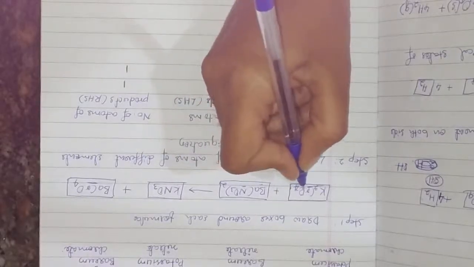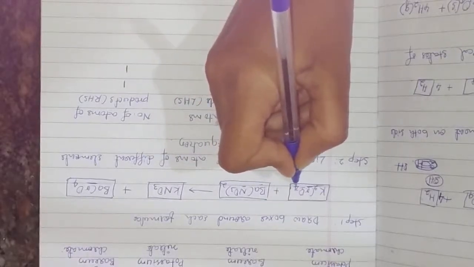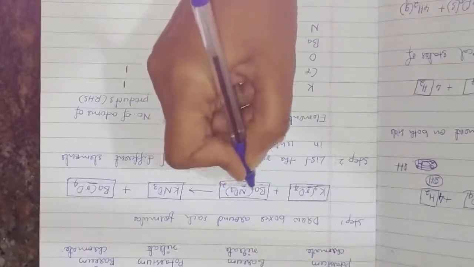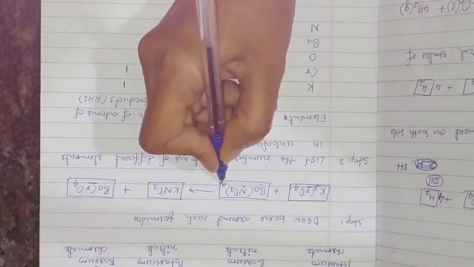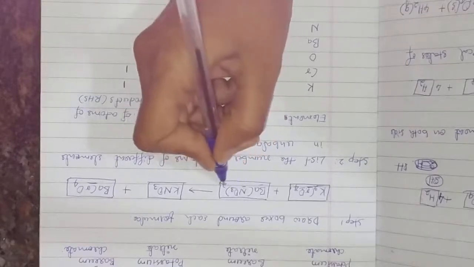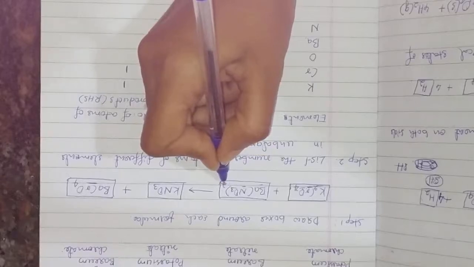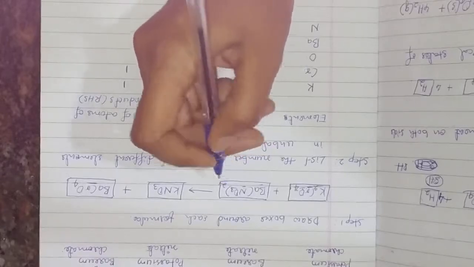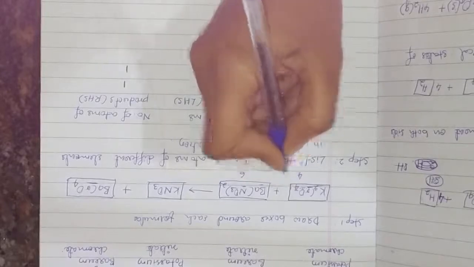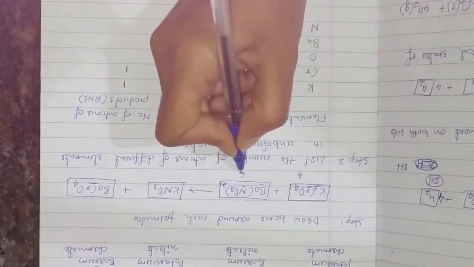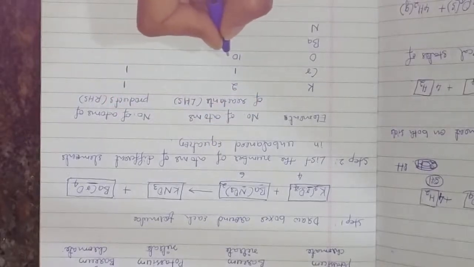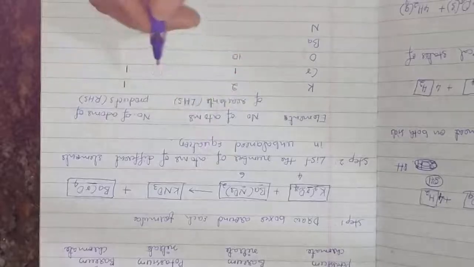Here 4 oxygen atoms, and here 3 with the whole bracket 2, therefore 3 into 2 is 6. 6 plus 4, total 10 oxygen atoms are present on the reactant side.